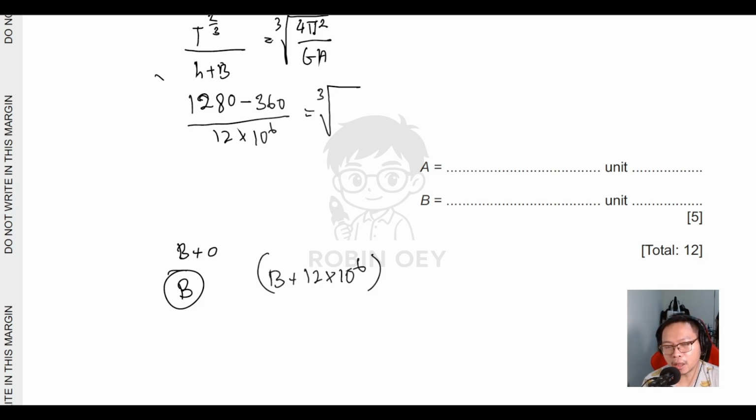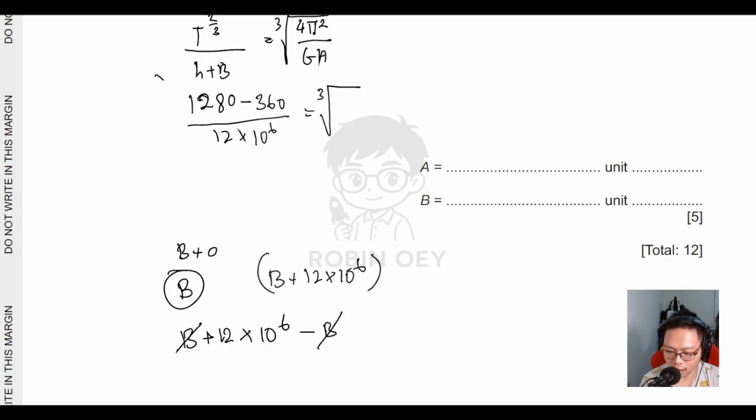Because we only want the difference, this is how I eliminate the b. This is why I get 12 times 10 to the power of 6. It's not that the b suddenly disappeared.